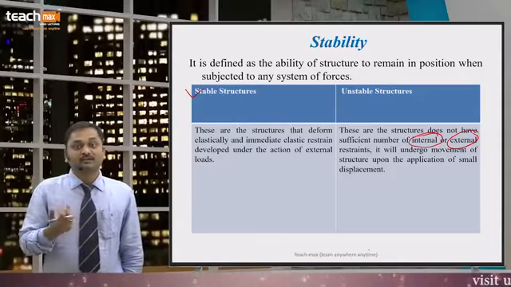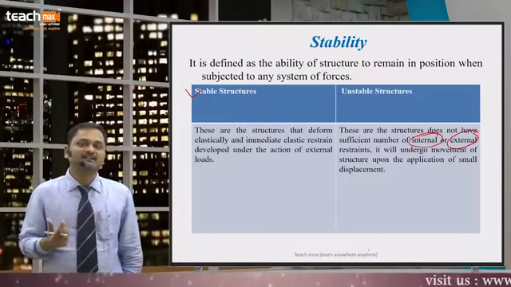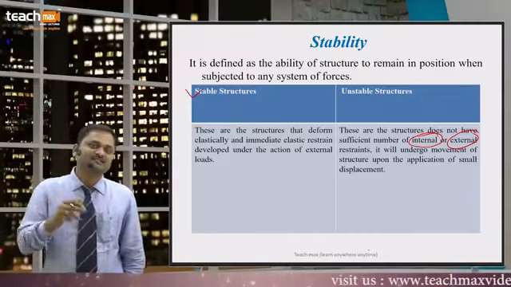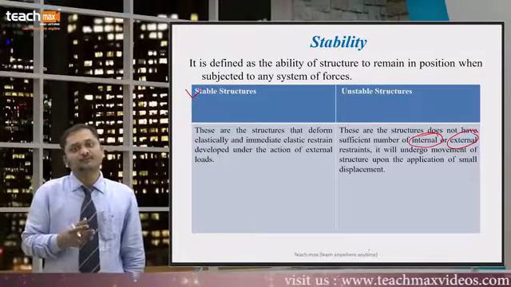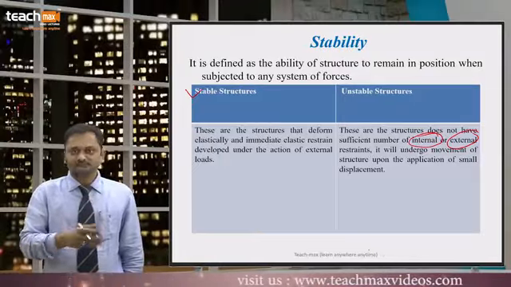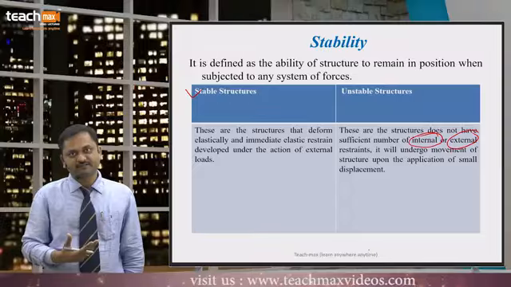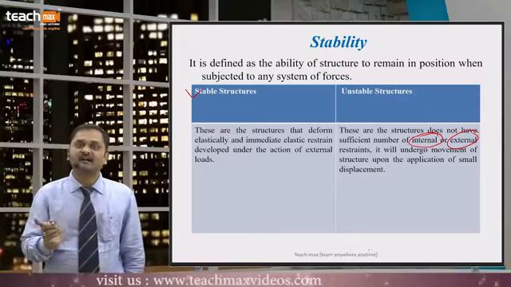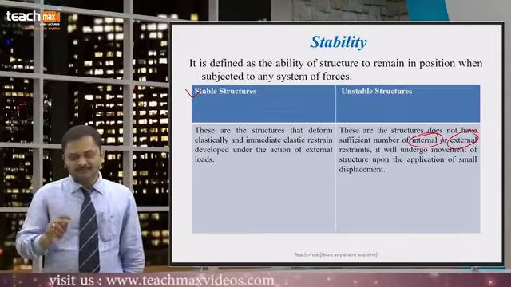So what about determinate and indeterminate? Determinate structures are stable, indeterminate structures are also stable, because both are safe, they remain in position, right. But deficient structures are unstable. So remember this.